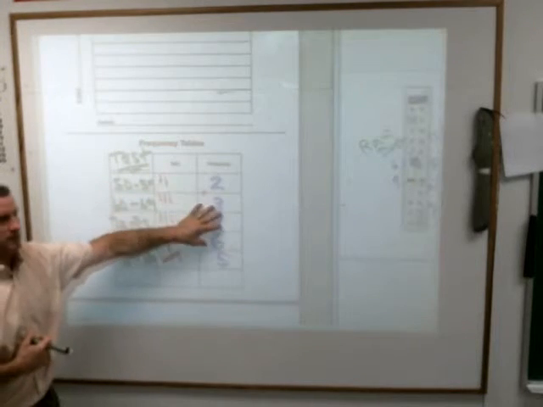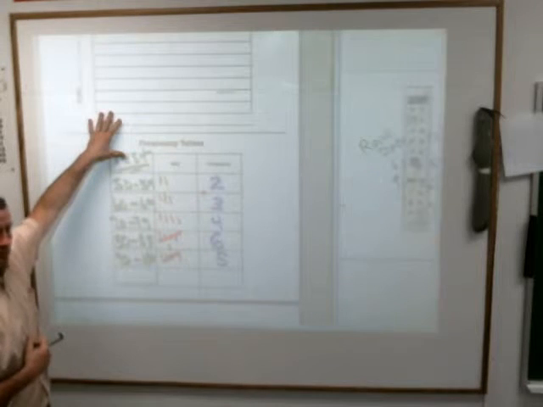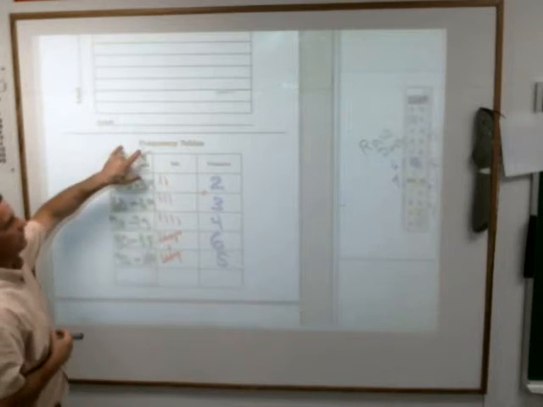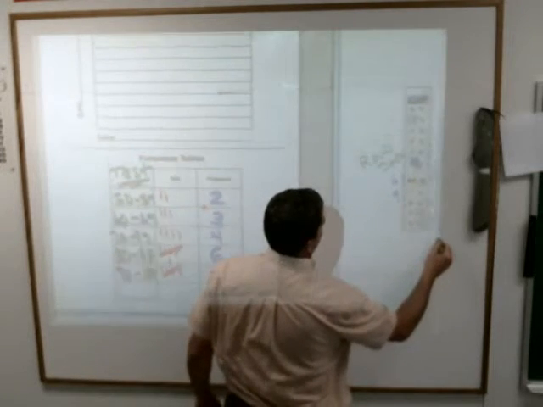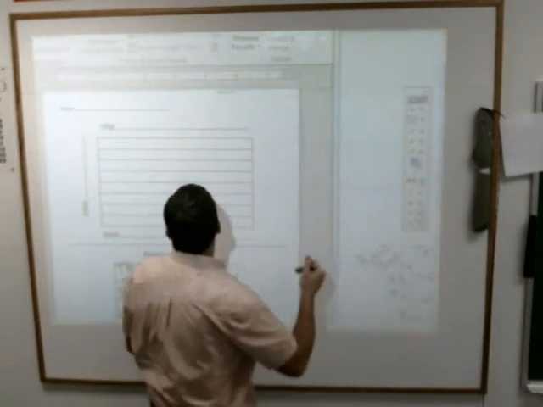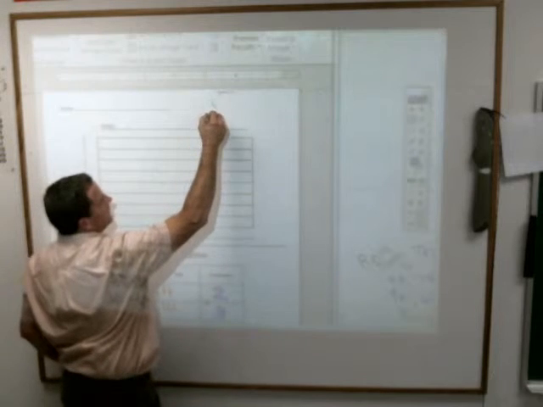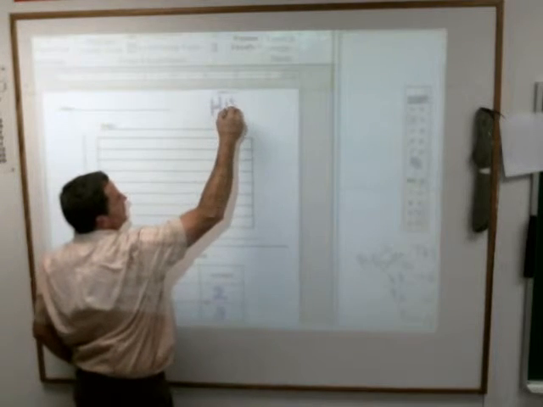And then one more way, instead of using numbers, to see this visually, is to take the frequency table and make what we call a histogram, children. This is a histogram.